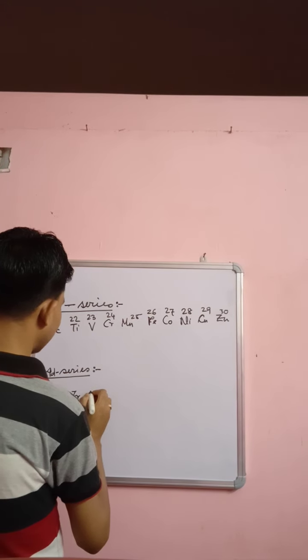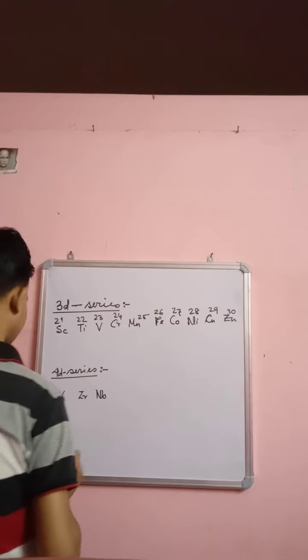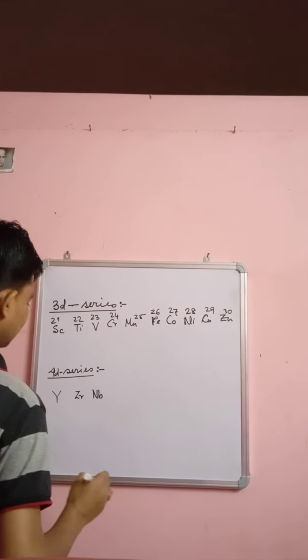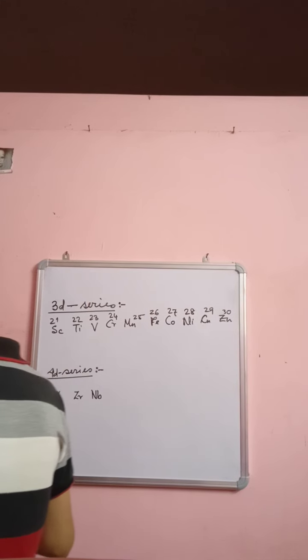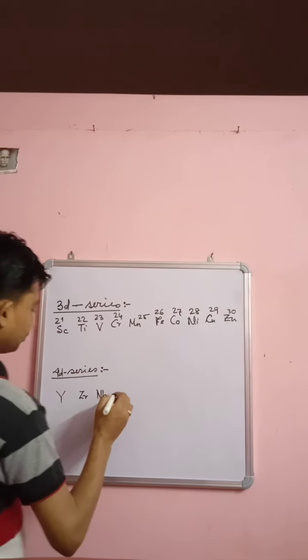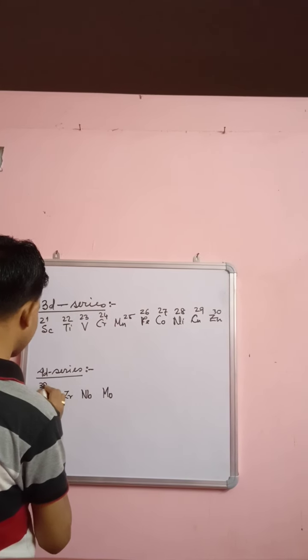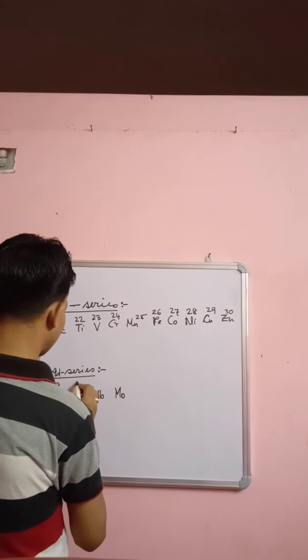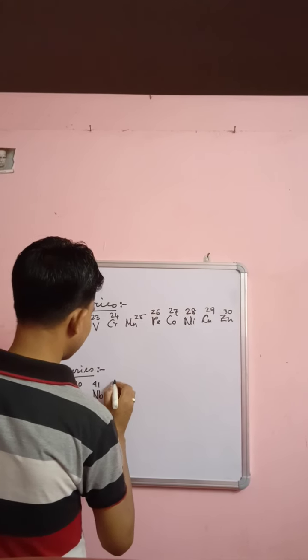then the third one is niobium, then the fourth one is molybdenum. So 39 is yttrium, zirconium is 40, niobium is 41, molybdenum is 42.